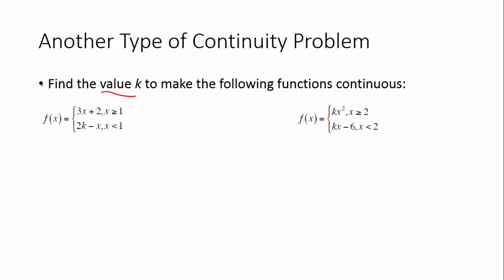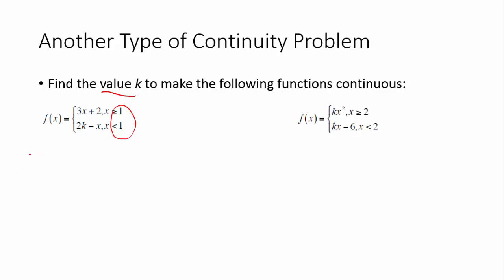point. So we have f of x defined to be 3x plus 2 for x greater than or equal to 1, and 2k minus x for x less than 1. Okay, so remember what we said about continuity. The limit must exist, the function must exist, and the limit must equal the function at this point 1, as that's really the one we're concerned about, because that's where the break happens in the piecewise.